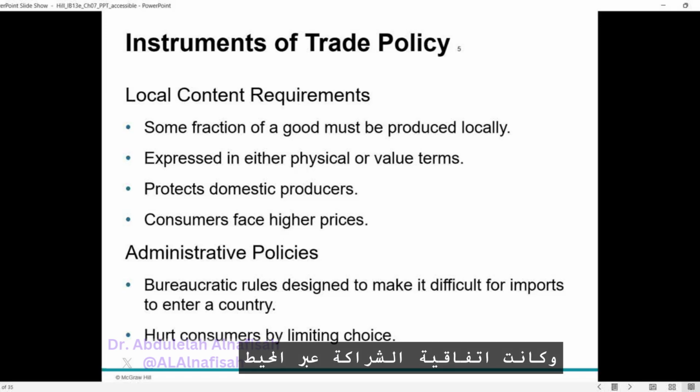The Trans-Pacific Partnership, TPP, aimed to address such barriers, but the U.S. withdrew from the agreement in 2017. Both LCRs and administrative policies benefit domestic producers, but often lead to higher costs for consumers.